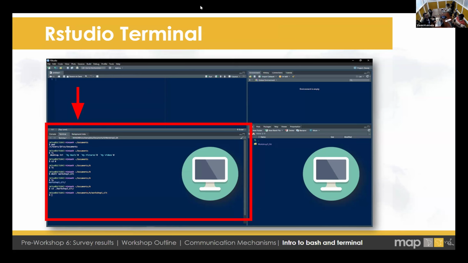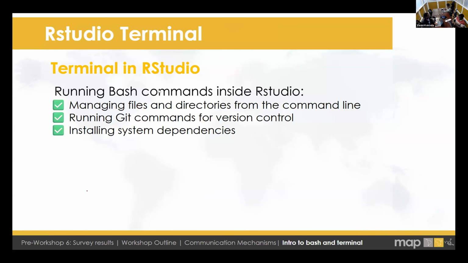So you can use the RStudio terminal to run the bash commands. It has many functionalities. You can also run the git commands, which we will see in the next sessions, like how to use the terminal in RStudio.